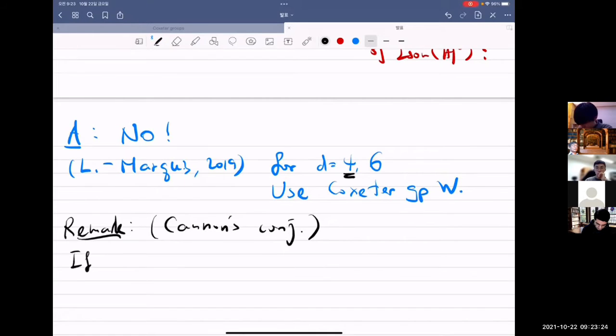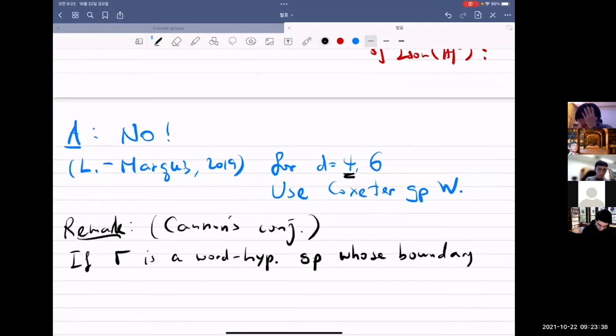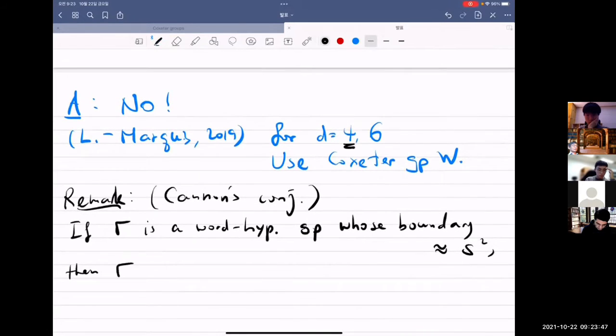So if Gamma is a word hyperbolic group whose boundary is homeomorphic to S2, then Gamma is isomorphic to a uniform lattice of the isometry group of H3.